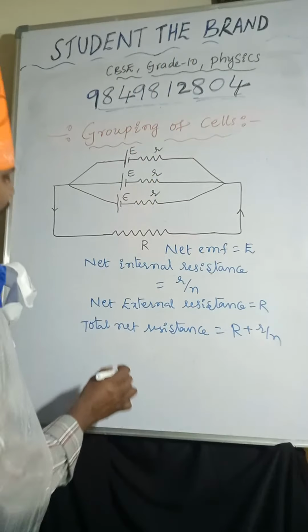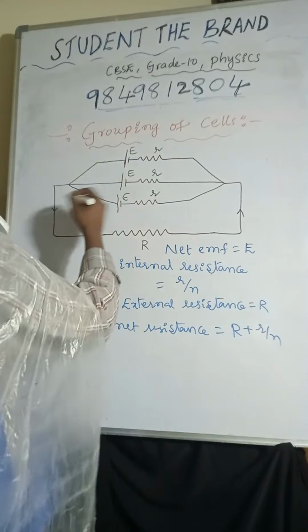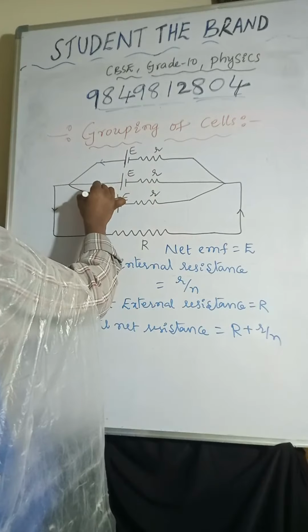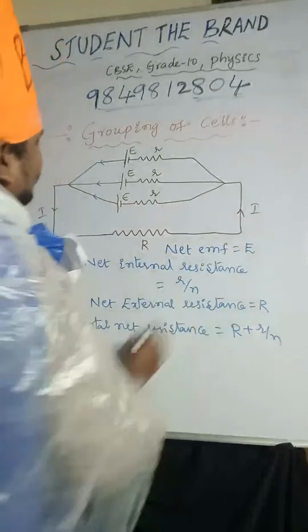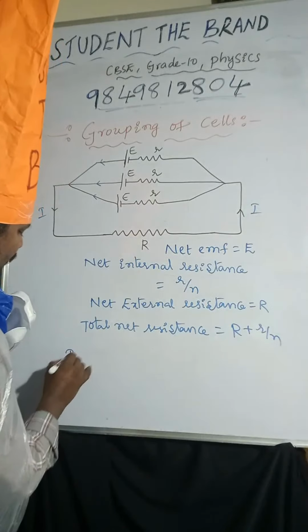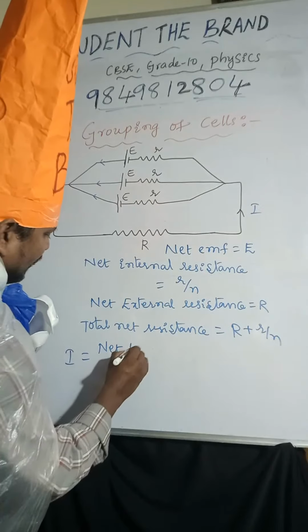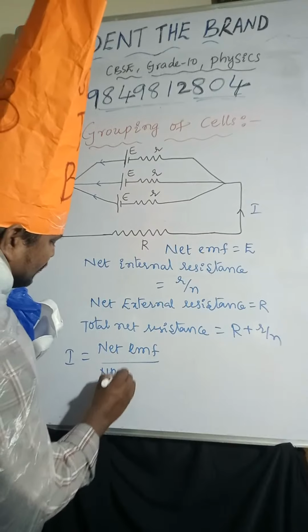Current is flowing like this, so here and here and here, the current is I. Now I equals net EMF by net resistance.